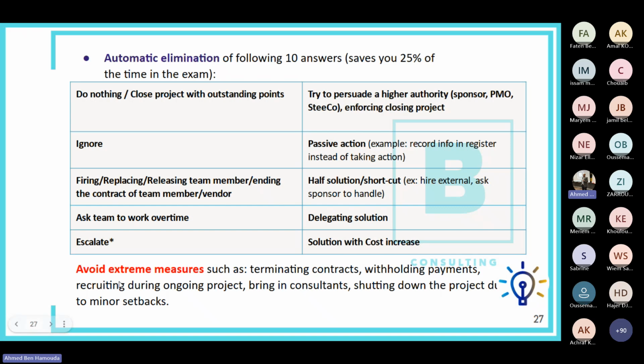Also avoid answers that include extreme measures, such as recruiting during the ongoing projects. We don't want to recruit additional resources while the project is ongoing, or bringing in consultants, really, because consultants are external resources and they will cost us money, or shutting down the project due to minor setbacks.